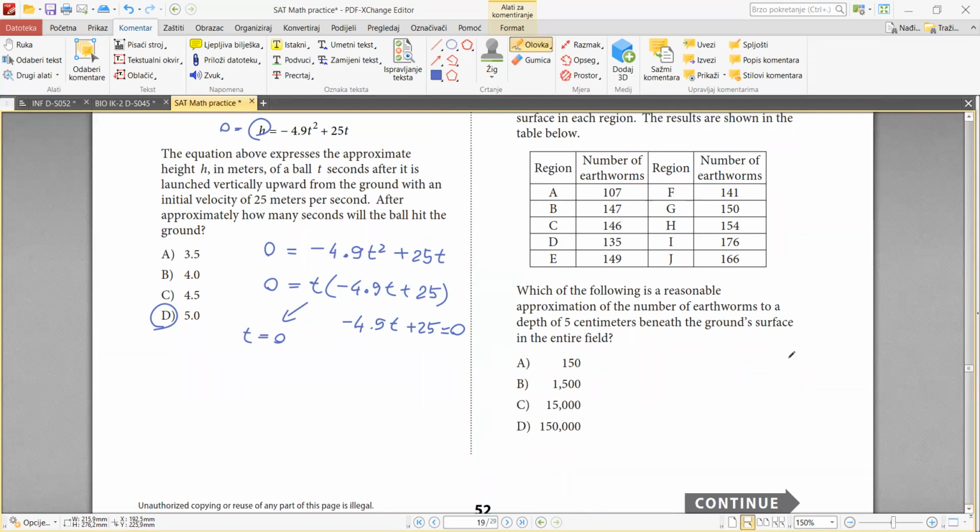So which of the following is a reasonable approximation of the number of earthworms to a depth of 5 centimeters beneath the ground surface in the entire field?